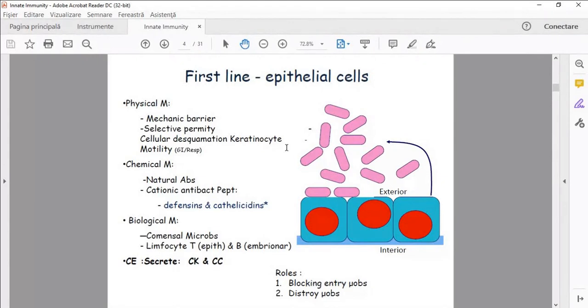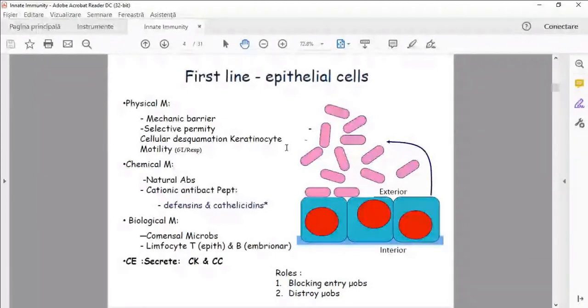For example, in the intestine, the commensal bacteria participate in digestion. These commensal bacteria can become pathogenic in certain circumstances, for example, in immunocompromised organisms, or at skin level in areas considered sterile.